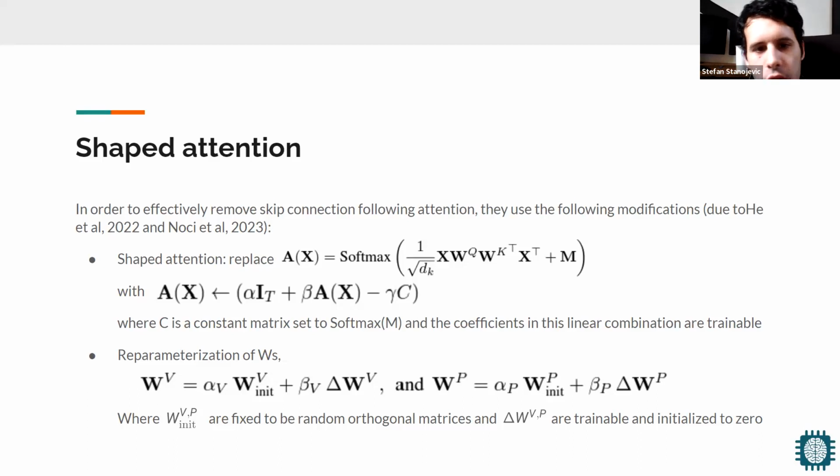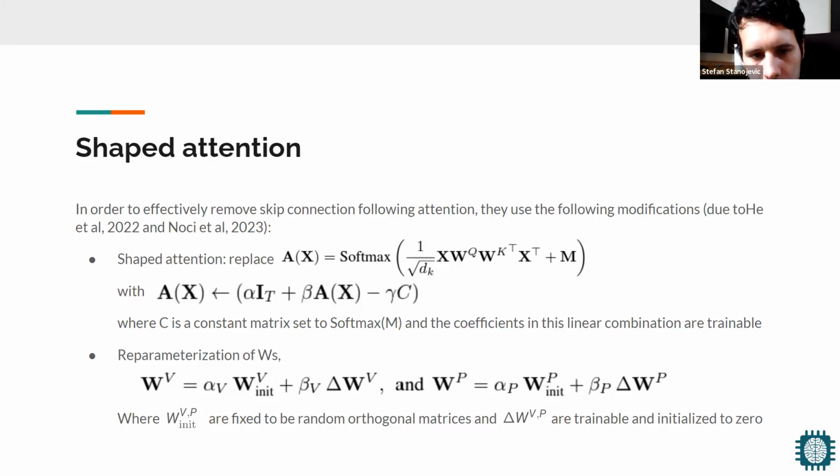It replaces A of X with this combination here, so that we still have beta times A of X, where beta is some trainable coefficient, but we're also adding the identity matrix, I_T, and we're also adding this constant, non-trainable matrix C.